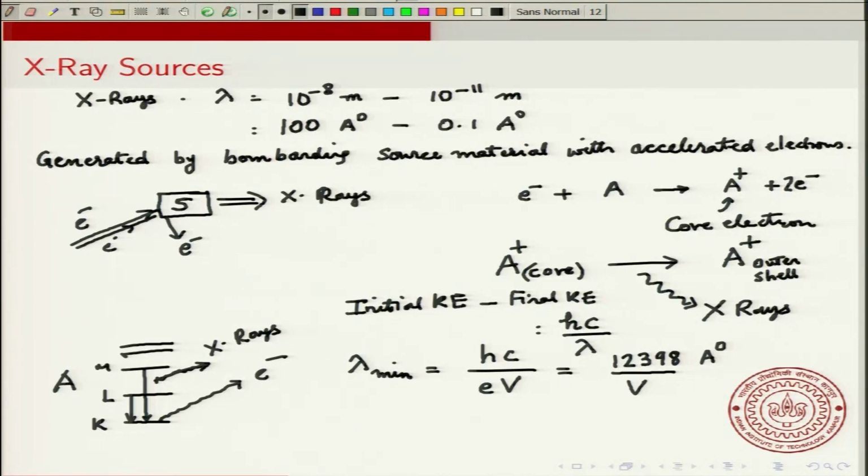If these electrons are accelerated through some potential V, where V is the potential of acceleration of electrons, then you can calculate this wavelength of the X-ray beam.